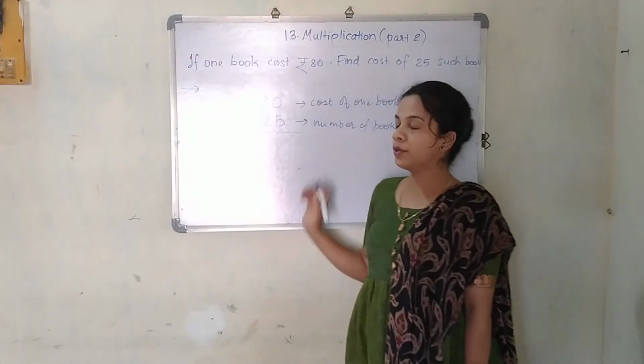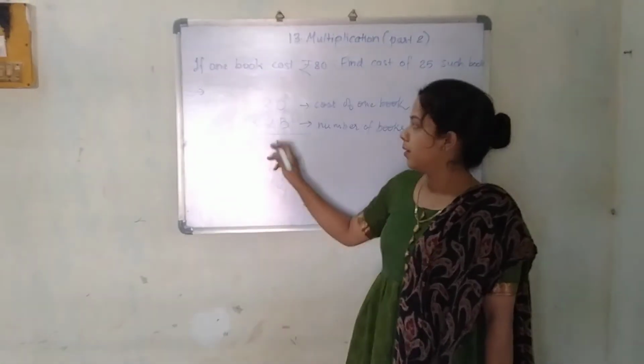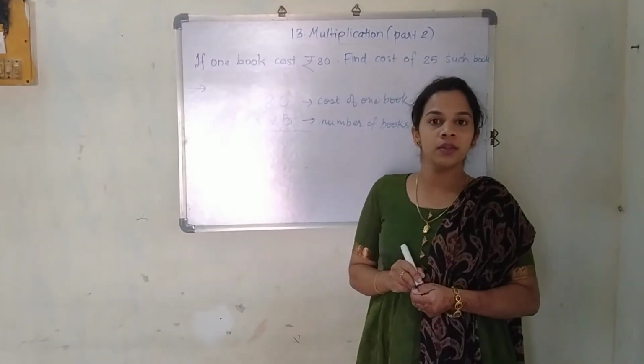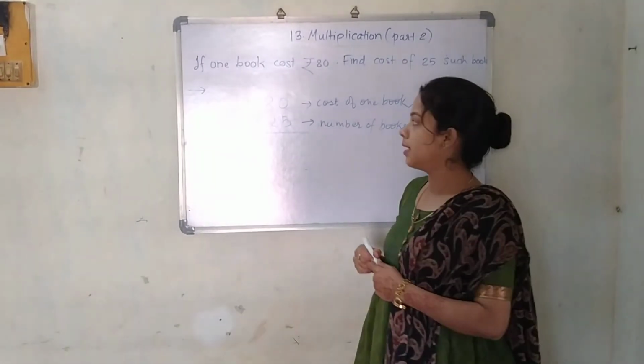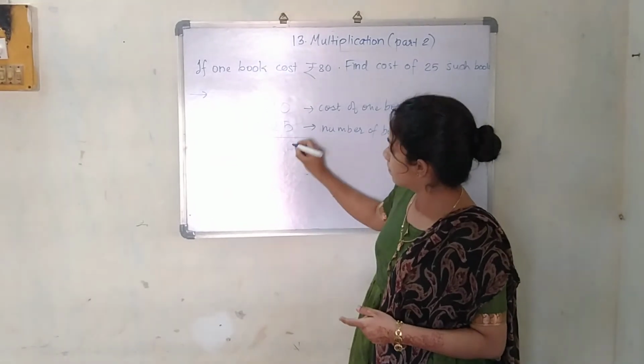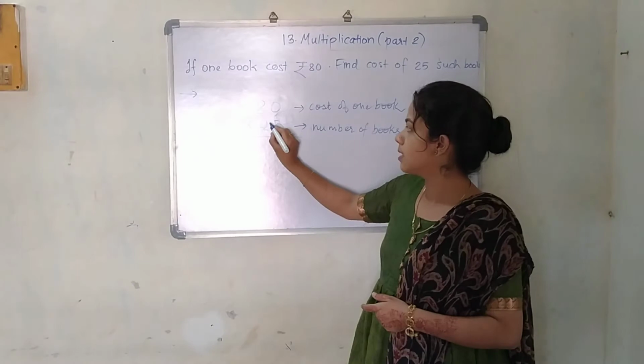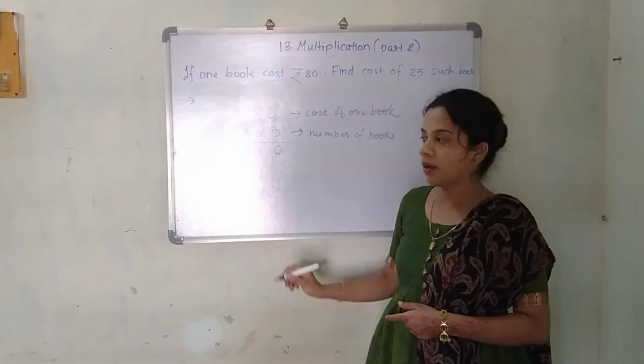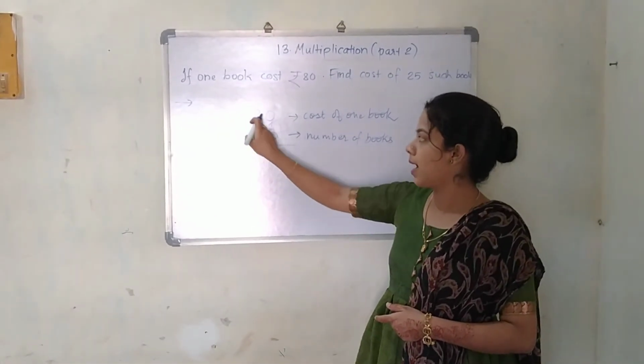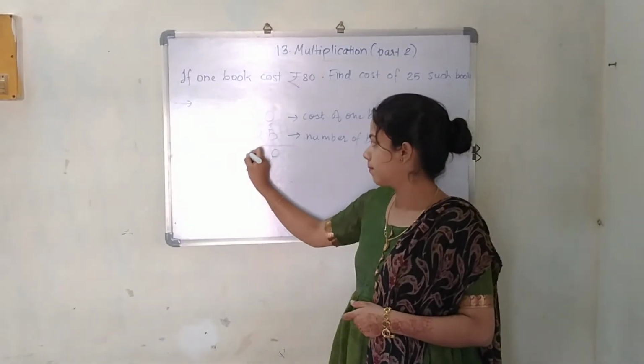Fine. So now we are going to multiply this. 5 zeros is how much? 5 zeros is 0. I am going to multiply this 5 with 0 first and this 5 with 8. 5 into 0 is 0 and 5 8s are how much? 40.